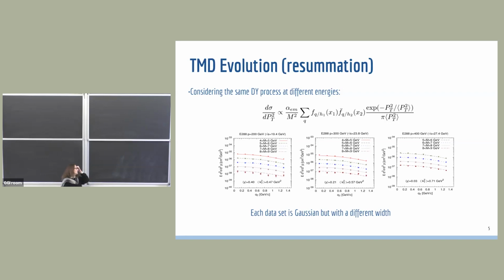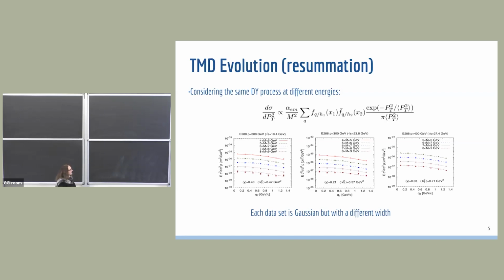So you select out a set of data which correspond to smaller energies. These are data from Fermilab, and you make a fit. And you see that actually at low QT, the data do follow a Gaussian distribution. And you can make a pretty good job of this.